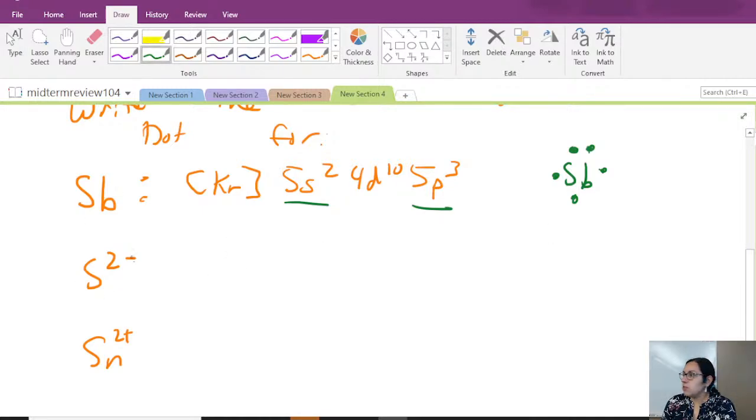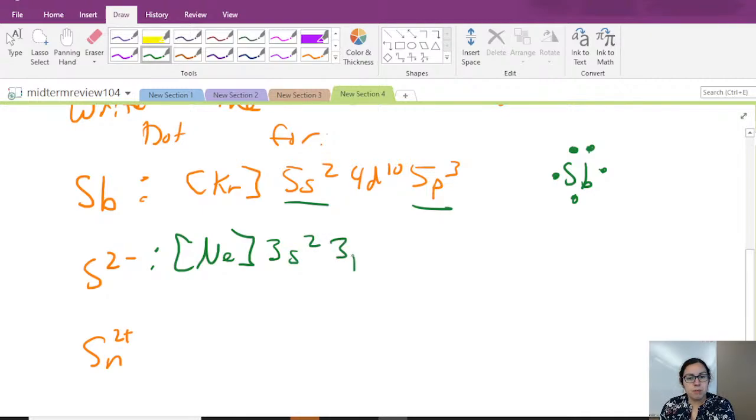Are we ready for sulfur -2? So let's hear it. What noble gas can we start with? Neon. So neon, and then what comes next? 3s2. 3p, what do people say? I think you fell into my trap, because what's the sign on here?